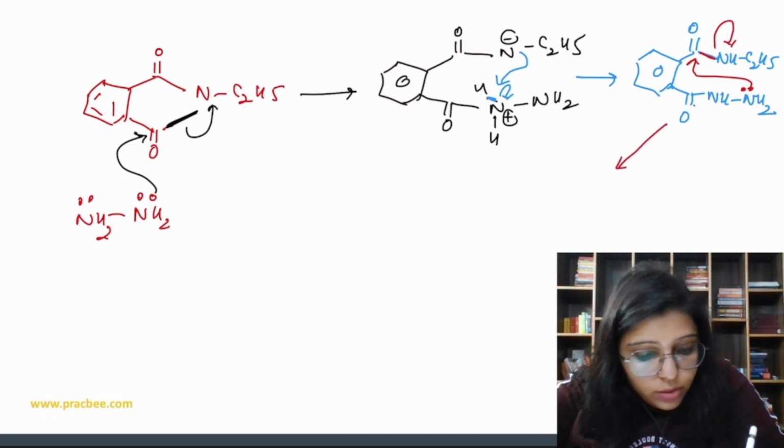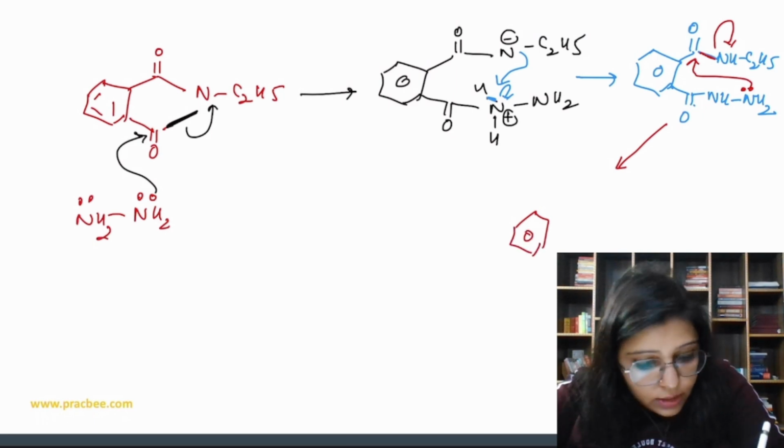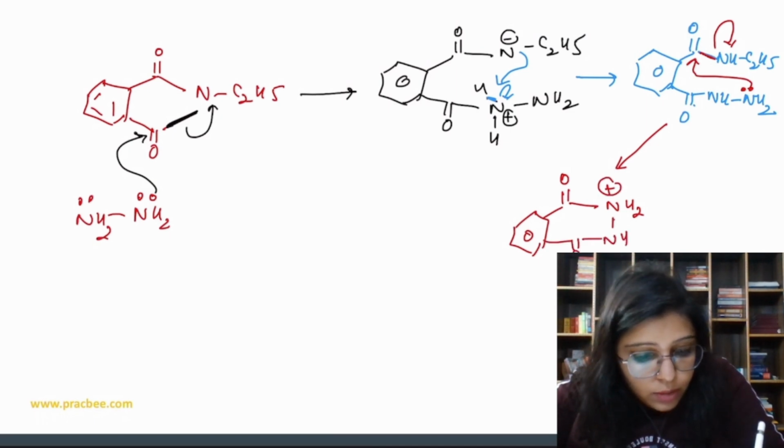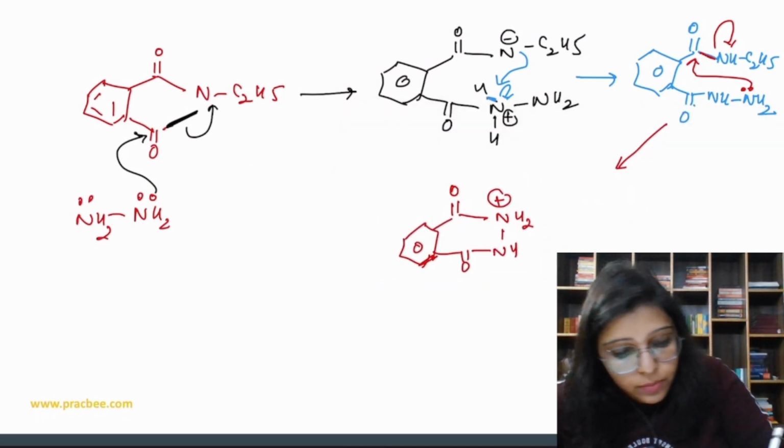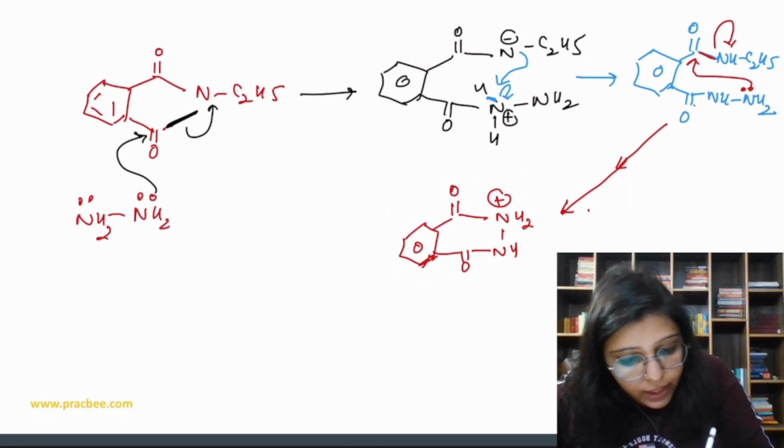So by doing so, we write double bond O, NH2 positive, NH double bond O, and we get NH minus C2H5.